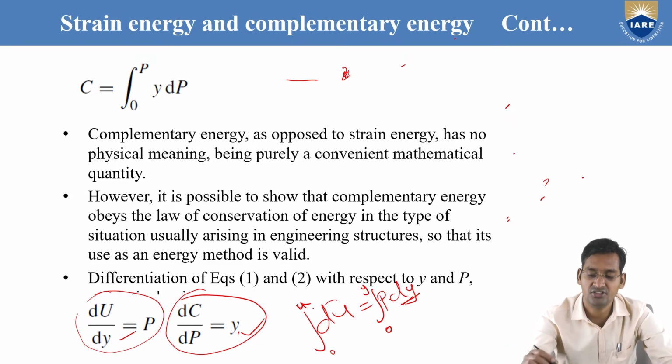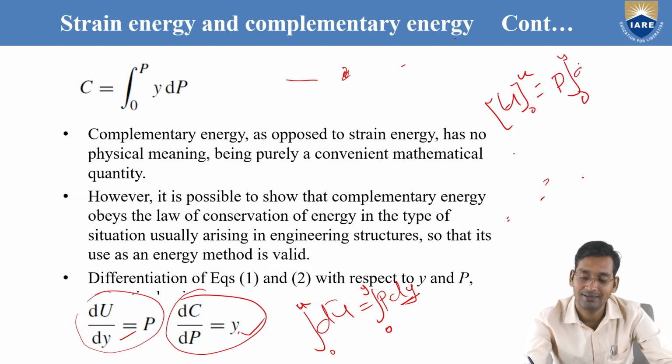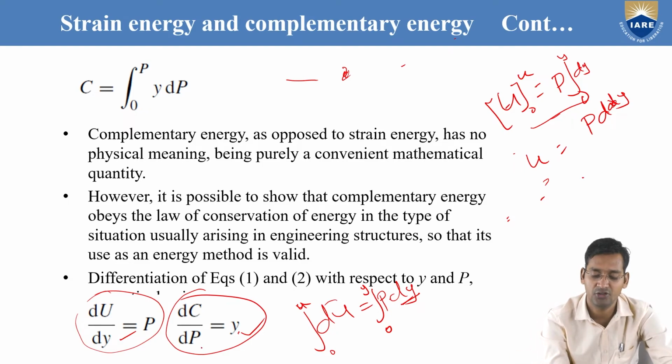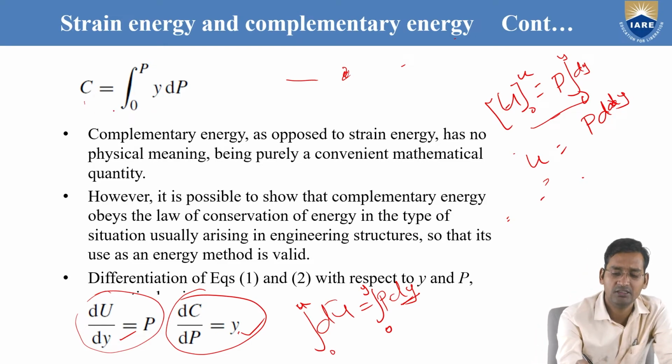After integrating, the integral of dU is U, so U from 0 to U equals P times the integral from 0 to y of dy. So after this you will get U equals P y.